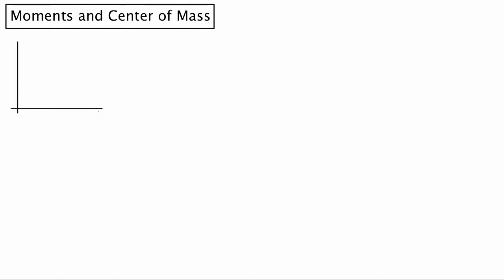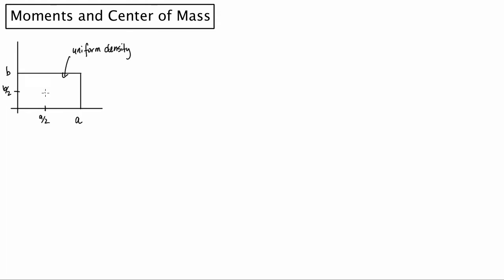I want to look at a rectangle here that is defined on the interval from A here and B here. So it's got area A times B. And if we were to assume that this was some sort of metal plate, and the plate had a uniform density, then we would know that the place where this plate would balance most easily is at its center.